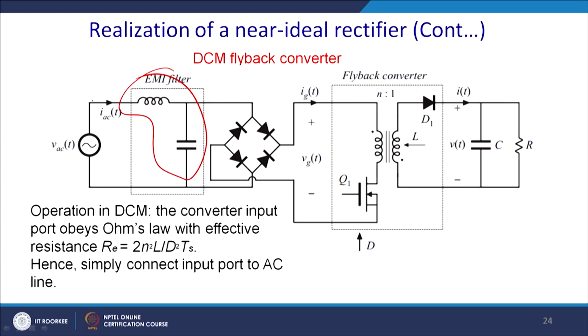As I told you, it may operate in the discontinuous conduction mode, and thus we have a huge problem of EMI and EMC. Since you are using a mobile, if it interferes with your communication, of course the sound quality of the mobile will deteriorate. So, we need to suppress the conducted emission as well as the radiated emission, but we cannot do much about the radiated emission, but we can reduce the conducted emission by putting in the EMI filter.